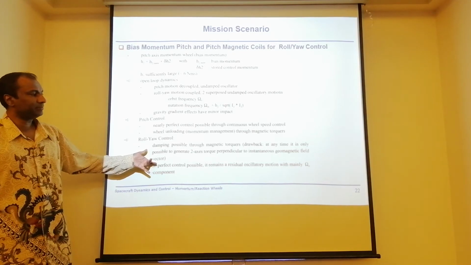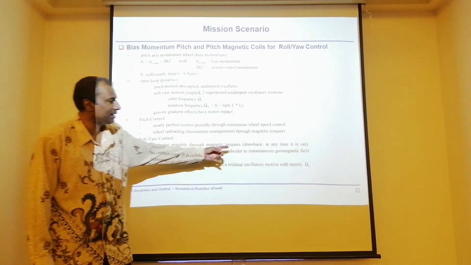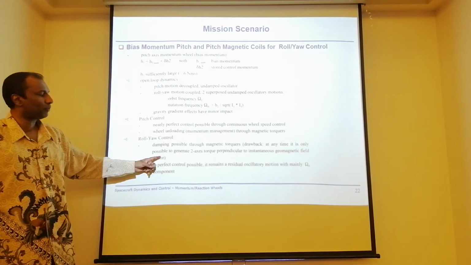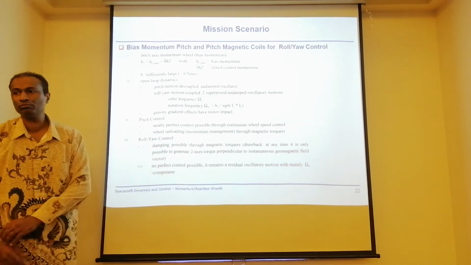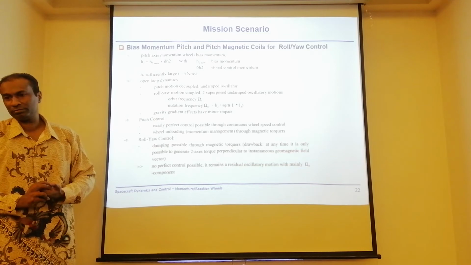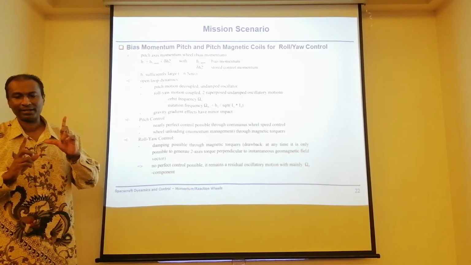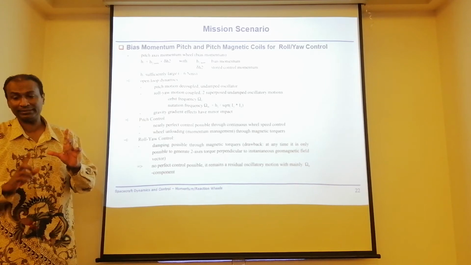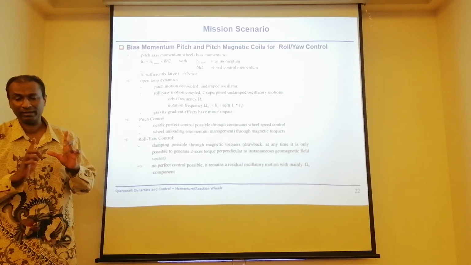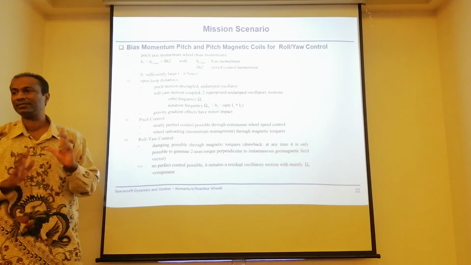The only problem that we have is that at any time it is only possible to generate two-axis torque, because you can never get the planet Earth's magnetic field perpendicular to all three axes.